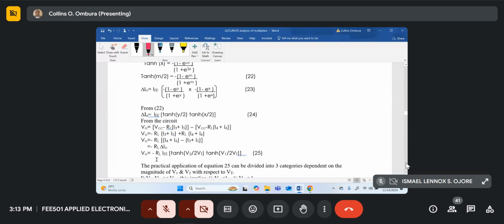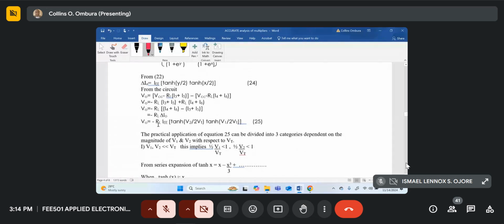So the output voltage is just minus RL, I triple E, into tan hyperbolic V2 over 2 Vt, because Y was V2 by Vt and we need Y by 2, into the first term, tan hyperbolic x by 2, which is V1 by 2 Vt.